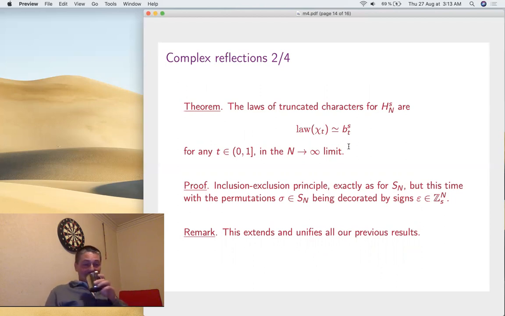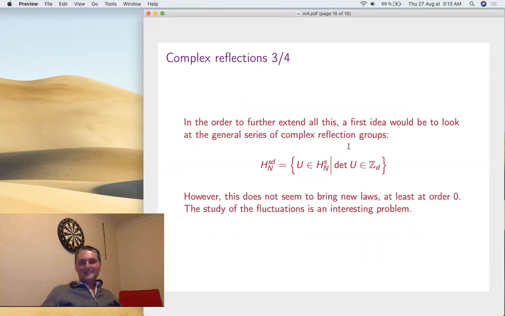So this was pretty much it. Now, the problem is, can we get beyond this? I mean, let's do things more complicated. And the actual idea would be to look at general reflection groups, adding this parameter coming from the determinant. But few computations there are actually done.